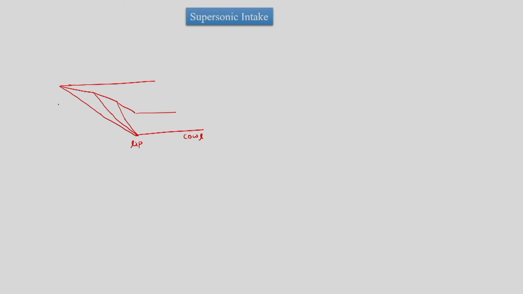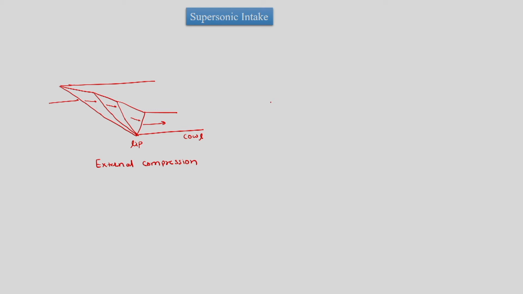So, flow while passing will get turned accordingly, and then it will become parallel to the wall. So, this is an external compression intake for supersonic aircraft. Now, there can be an internal compression intake, and then there can be a mixed compression intake.